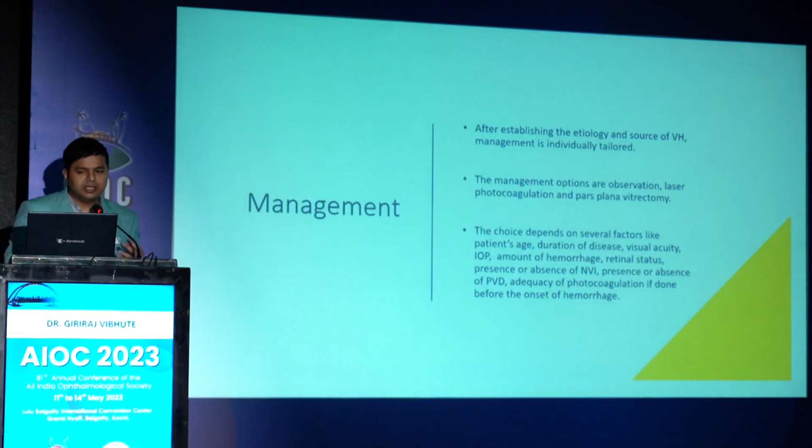So after establishing the etiology, the management options are that you can observe, you can do laser photocoagulation, or you can plan a pars plana vitrectomy.